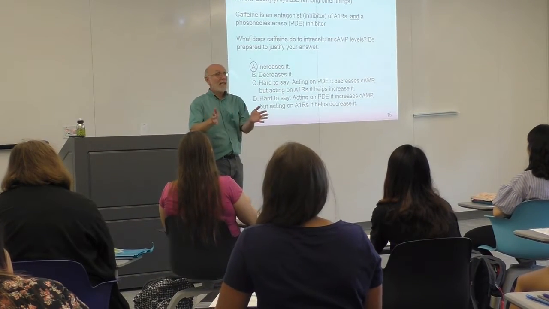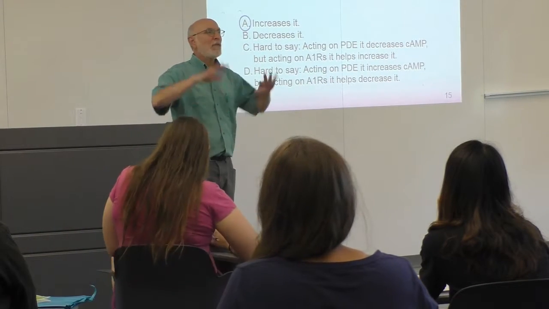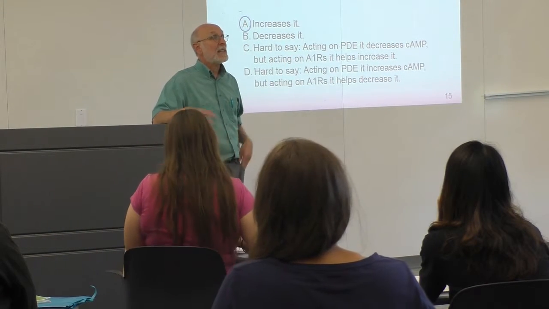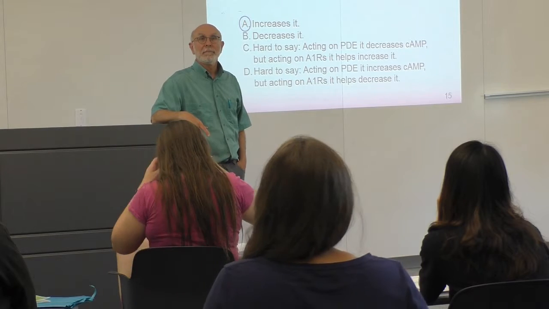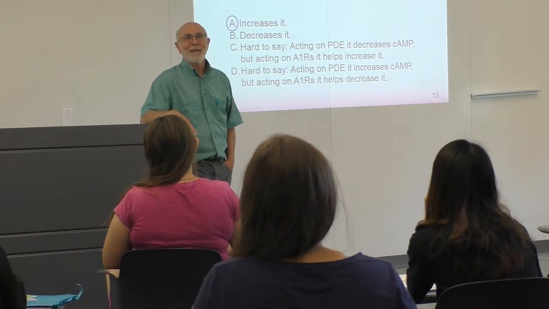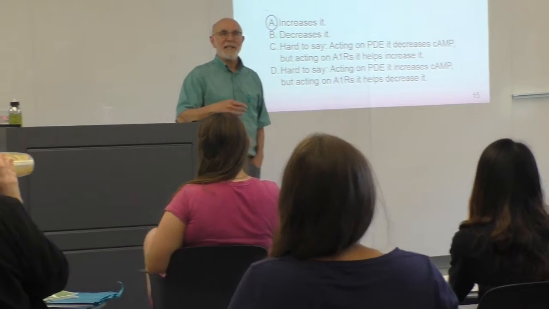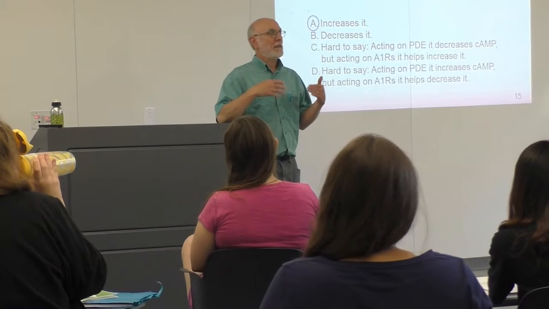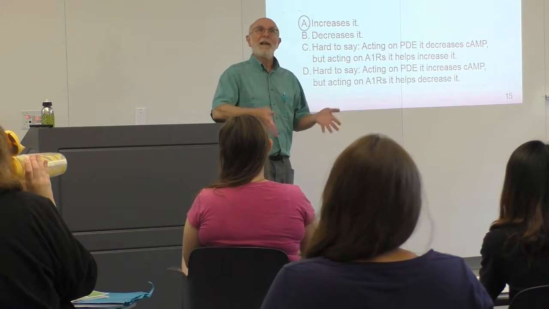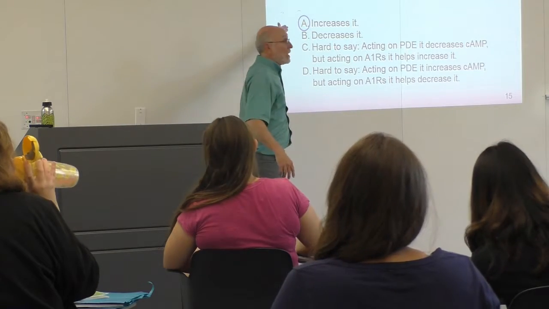And there's a key concept. Inhibiting an inhibitor allows whatever else might stimulate adenylyl cyclase to have more power. And then the same thing with the PDE. Phosphodiesterase converts cyclic AMP to AMP, so it's a turning off thing. Inhibiting the turnoff allows the cyclic AMP to accumulate more. So both of these act to increase cyclic AMP.